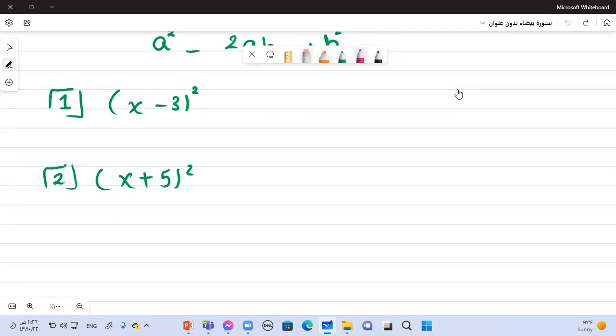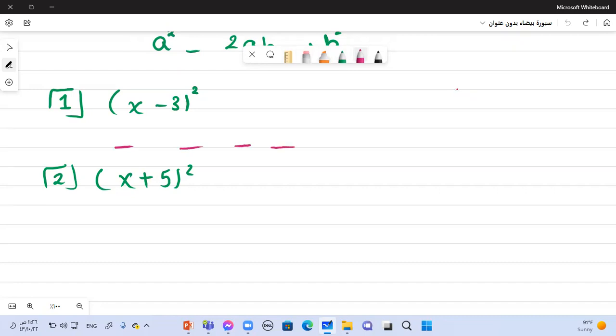So the second important case, if we have one bracket with the power, it is called a perfect square. And a perfect square, I will factor as the 3 terms, or I expand it as the 3 terms.